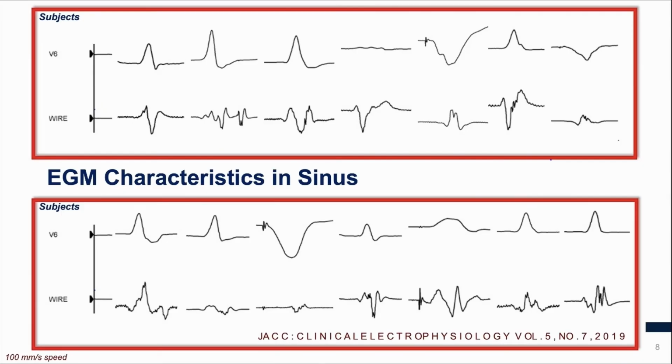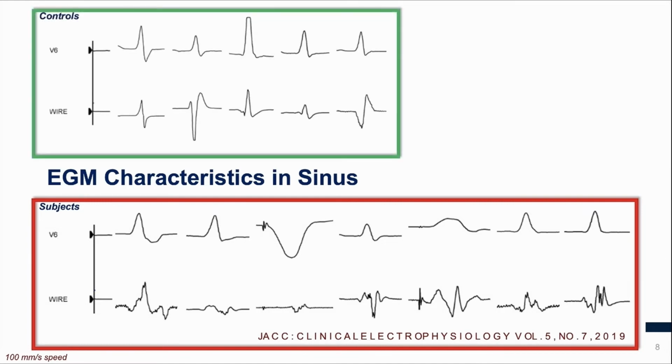We described this with unipolar recordings, and we compared it to normals in a publication in 2019, and we consistently showed in a number of patients that the unipolar characteristics of the septal substrate are one of the classic electrophysiology findings.